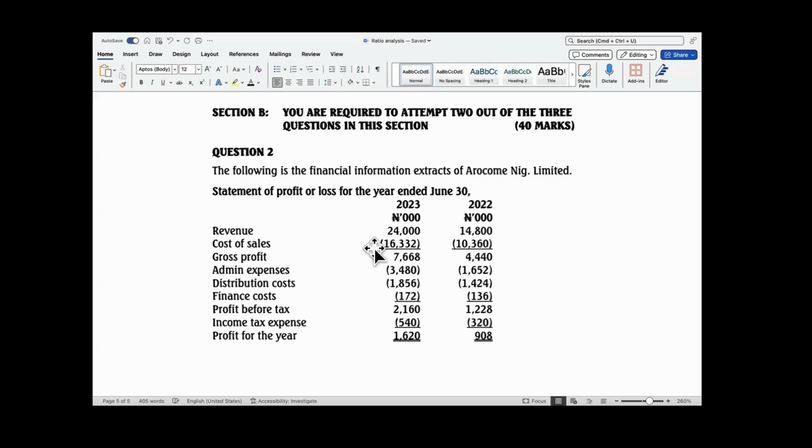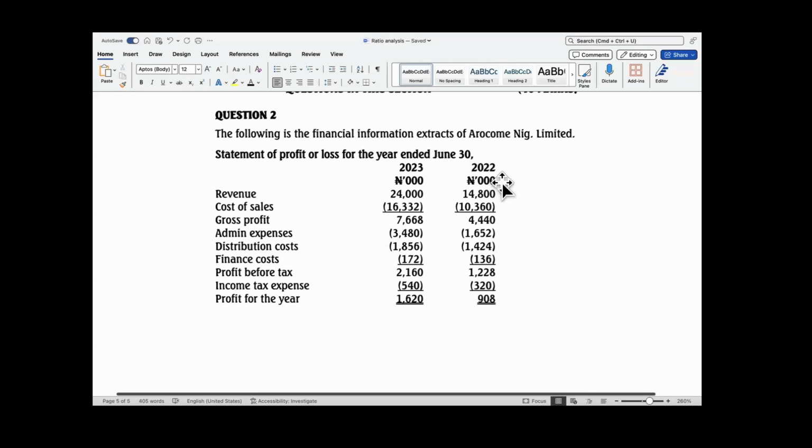And from what I'm seeing here, I can see that in 2022, the revenue of this company was 14.8 million. And in 2023, their revenue moved up to 24 million.